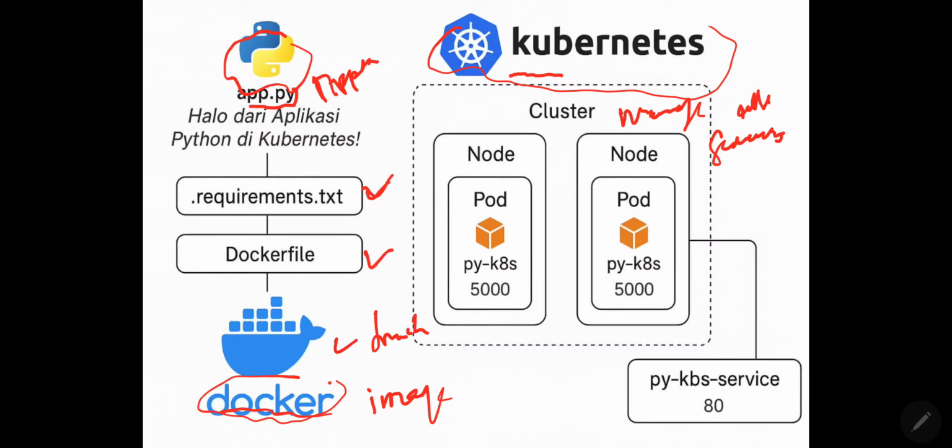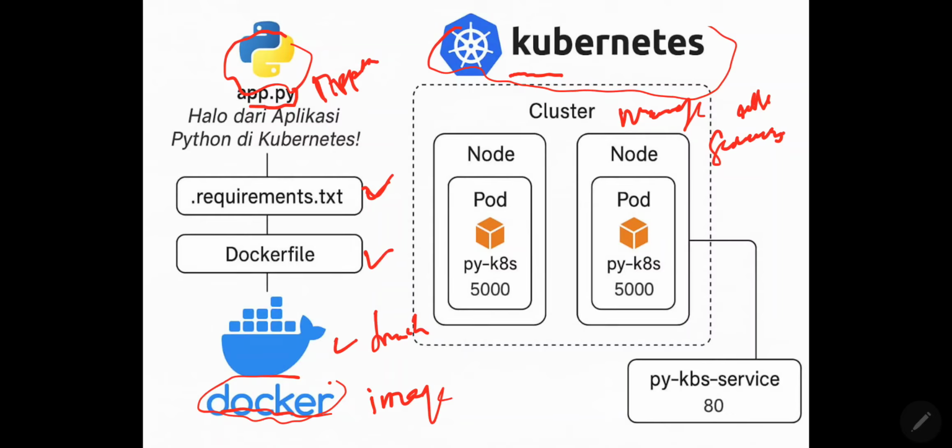And the Kubernetes cluster, you can see here, the cluster is the region of the food court. The food court has many booth stands.